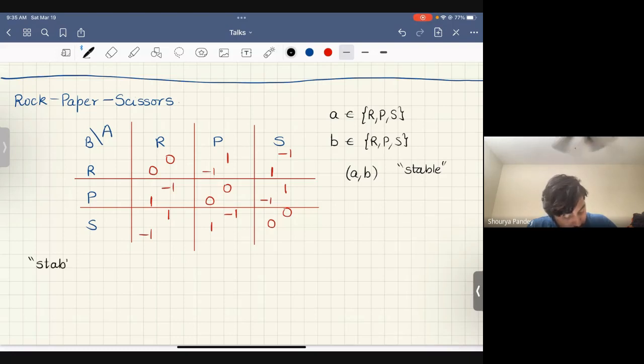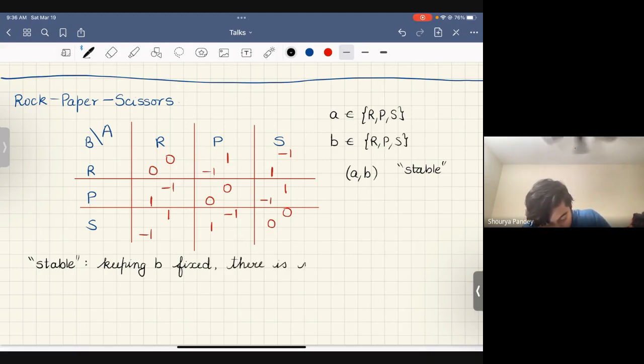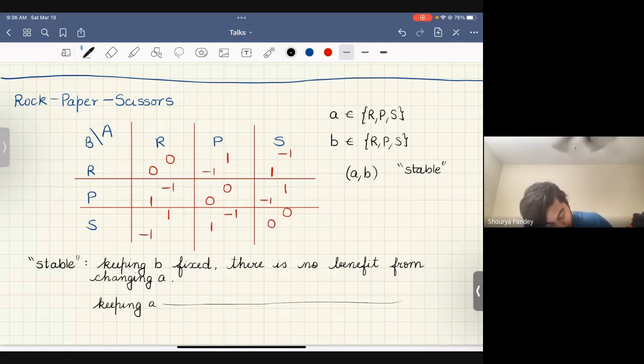By stable, I mean keeping b fixed, there is no benefit from changing a, and vice versa, keeping a fixed, there's no benefit from changing b.